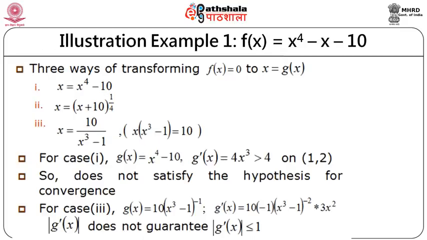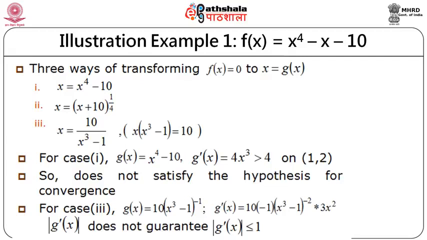So, let us take the example of f(x) equal to x raised to 4 minus x minus 10. Let us try to express this in the form of x equal to g(x). The simplest way is to keep x on one side, other terms on the other side, which gives us x equal to x raised to 4 minus 10.